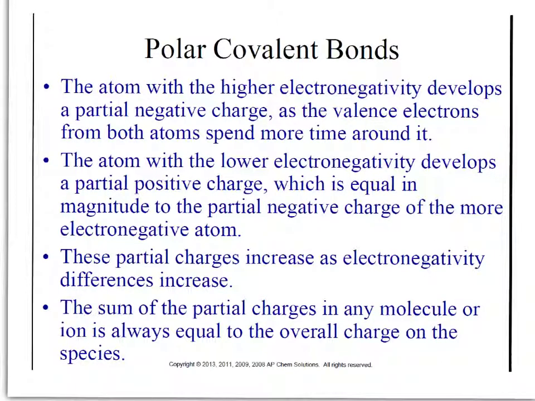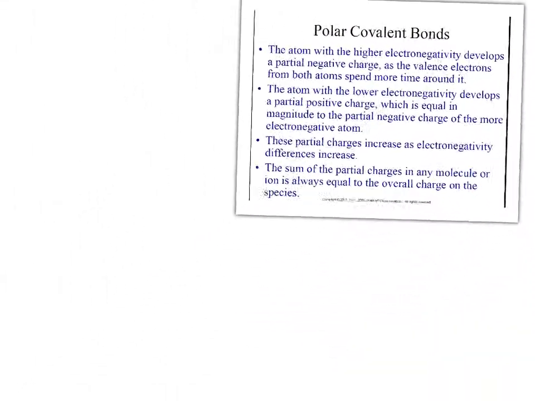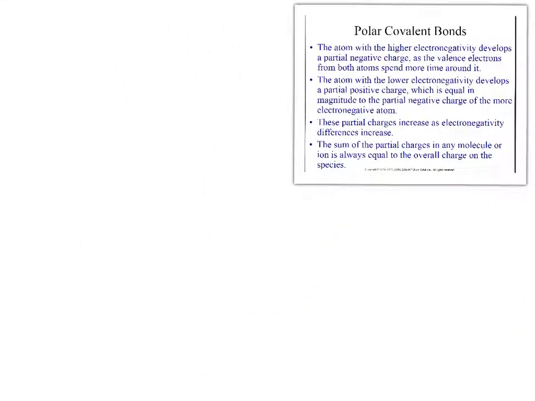You can read through this and take notes on this, but I'll give you a summary. What it's saying here is those differences in the sharing of electrons, the electron density spending more time on one region and not the other, will create what's called a partial negative and positive charge, or dipoles. We'll look more in depth at dipoles later on when we talk specifically about electronegativity differences. But if we take a look at something like the hydrogen fluoride that we saw in the last slide, we already said that fluorine is more electronegative than hydrogen, so it's going to pull the electrons towards fluorine.